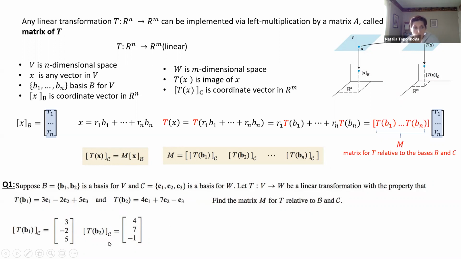Let's look at our original formula. The matrix M consists of the columns of the images of the basis vectors of B written in coordinates C. So all we have to do is take these vectors and compile them into the matrix. That matrix will be our matrix M for the transformation.